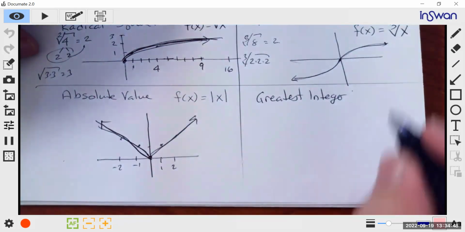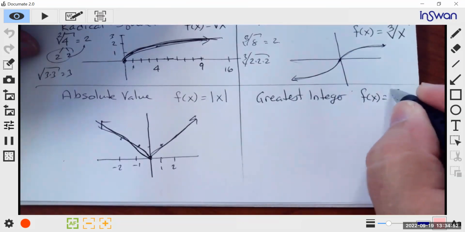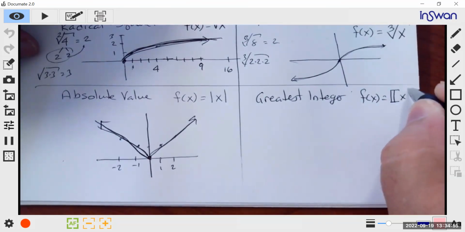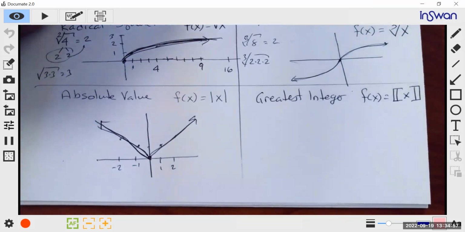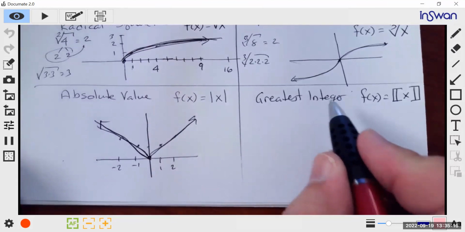The greatest integer. Now you understand why I don't like PEMDAS, because these symbols never appear in PEMDAS. But they exist. It looks like a bracket with an extra line inside there. It's the greatest integer.